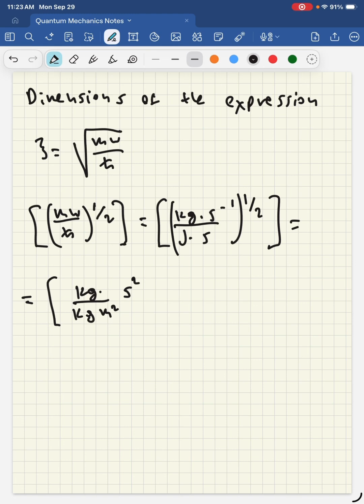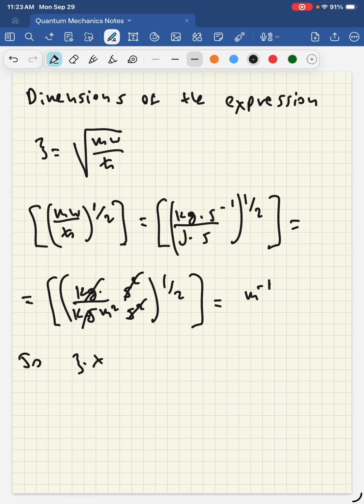So joules, seconds. So yes, this is the expression I was looking for. I'm sorry, to the 1/2. So this cancels, this cancels. So this has dimensions of meters to the minus 1. So xi has inverse length dimensions. So if we multiply that with position, we get a dimensionless quantity. So xi times x is dimensionless.